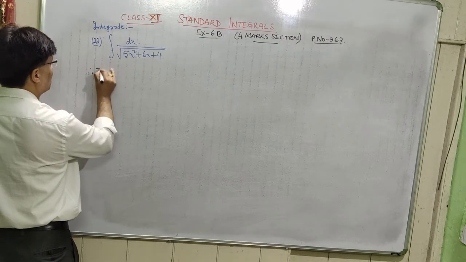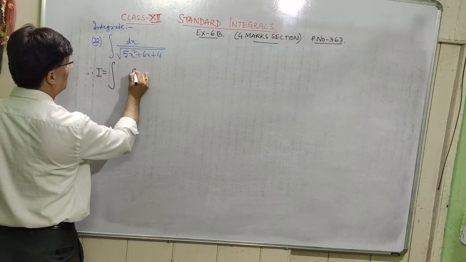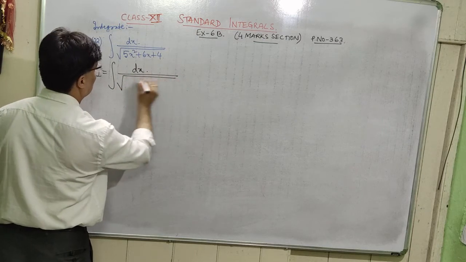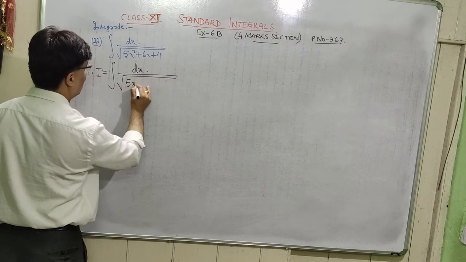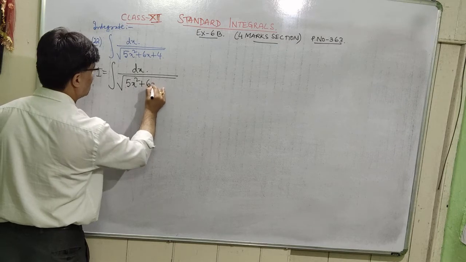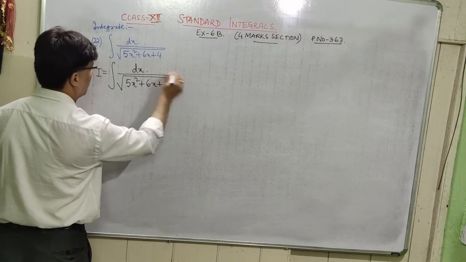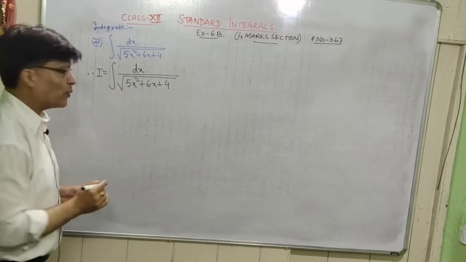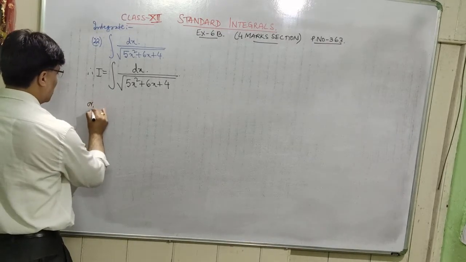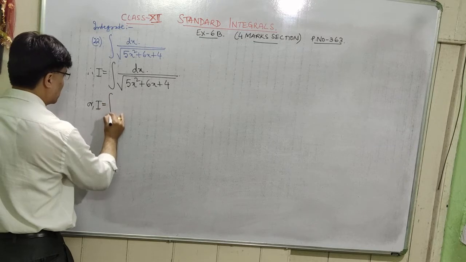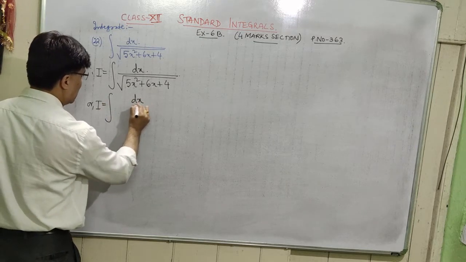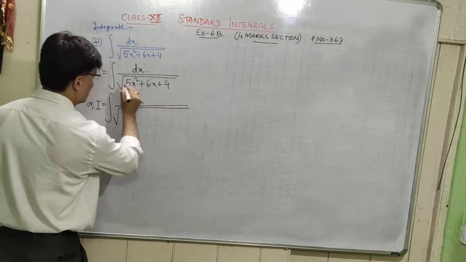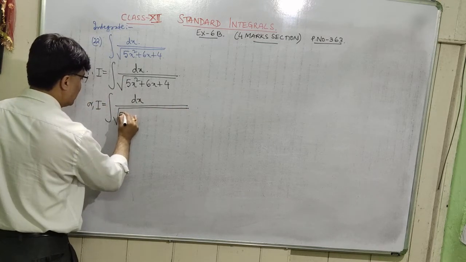So first of all, let us write I is equal to integration of dx divided by root over 5x square plus 6x plus 4. Right? So let us make the coefficient of x square positive 1. So I is equal to integration of dx divided by, within square root, what is common here? 5 is taken common.